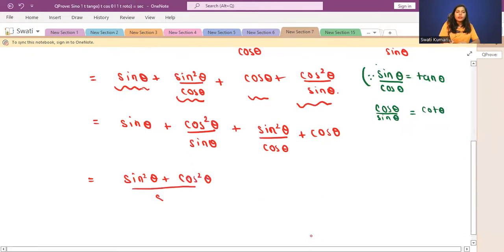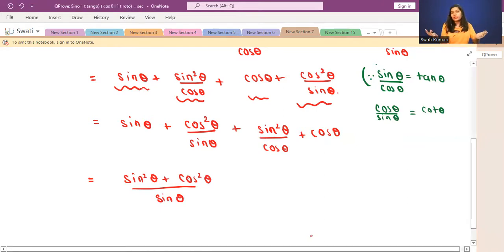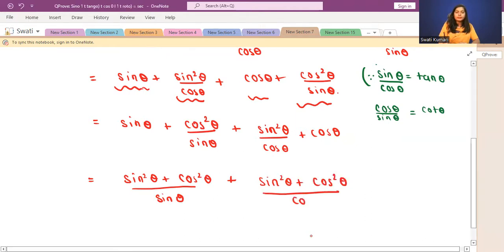Now, I hope you understood why I kept these two terms together, because by keeping these two terms together, I can see a very famous trigonometric formula, in fact, which is sine square theta plus cos square theta. That is why I kept these two terms together. Now, the same thing I'm going to do here also. I'm going to take LCM and this will become sine square theta plus cos theta into cos theta, which is cos square theta upon cos theta.